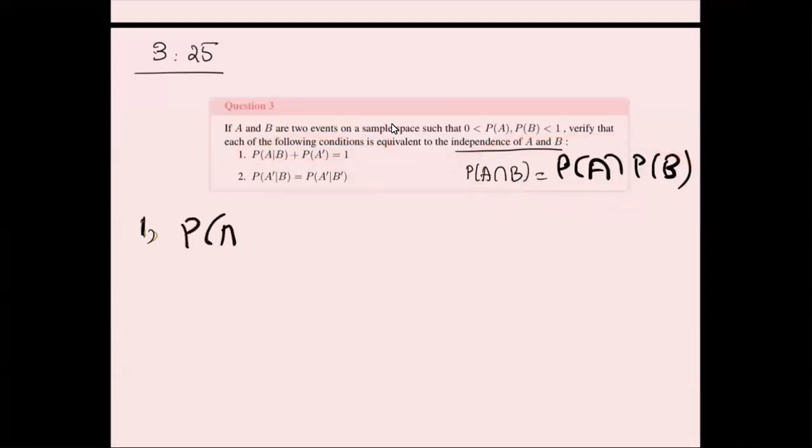First one, I have probability of A given B plus probability of A complement is equal to 1.